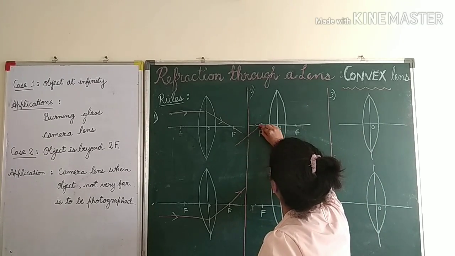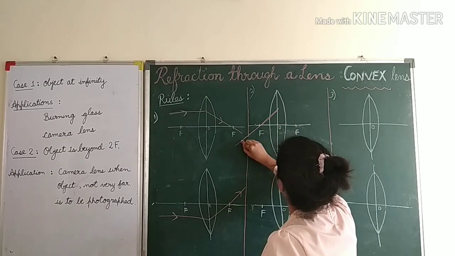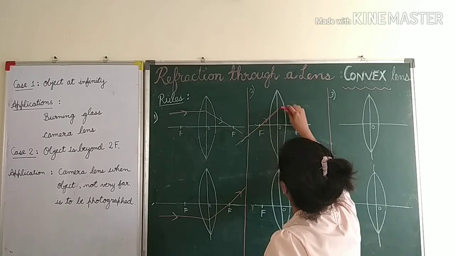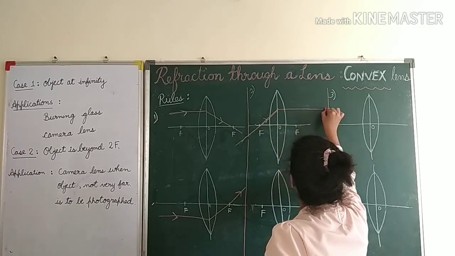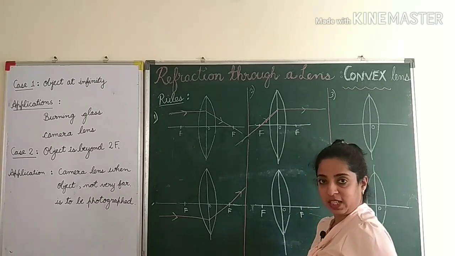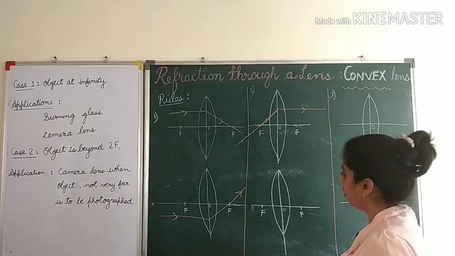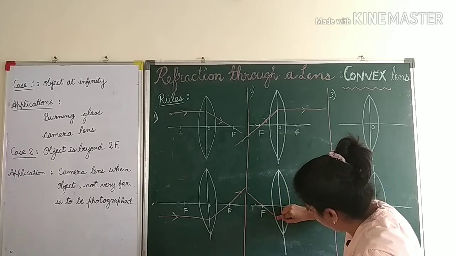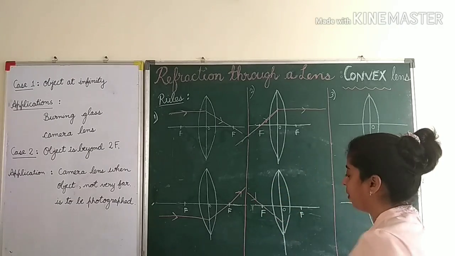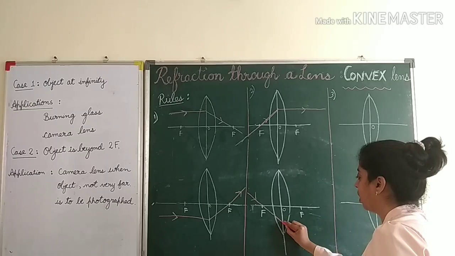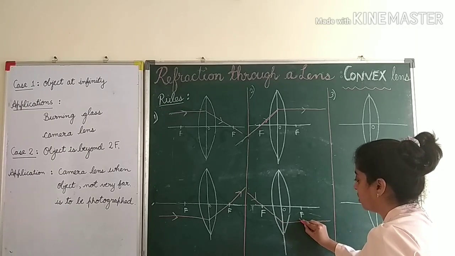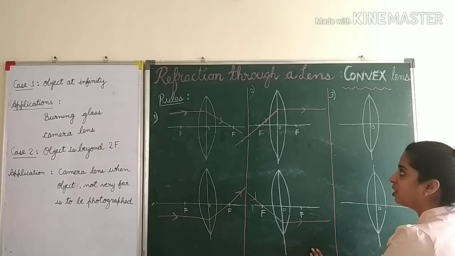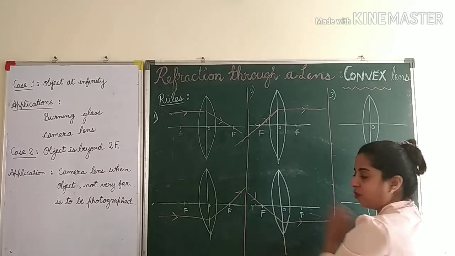If I draw an incident ray like this, then after refraction it will become parallel to the principal axis. That's our second rule, which is the converse of the first.